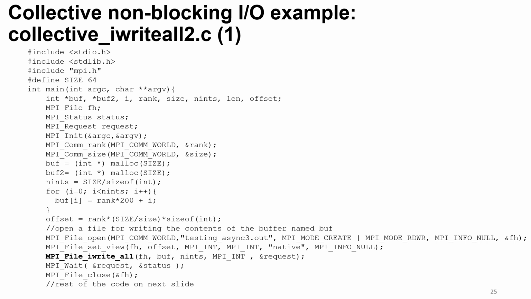And then what we're doing is we're initializing the buffer and we're calculating the offset values that tell us how much of the file each process would be responsible for writing. And then we open the file with the MPI_File_open call, and the file we're opening here is testing_async.out, and we're opening this file in the read and write mode.